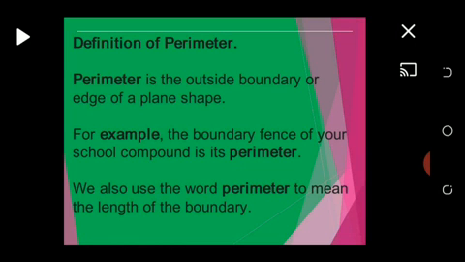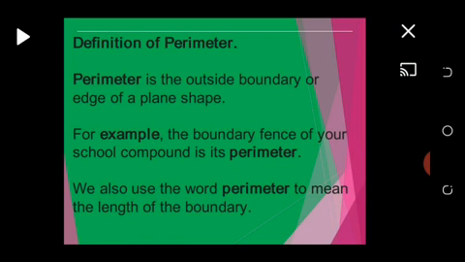Now, definition of parameter. What is parameter? When we talk about parameter, what are we looking at? Parameter is the outside boundary or the edge of a what? A plane shape. The edge or the outside boundary. For example, the boundary fence of your school compound is the what? The parameter.